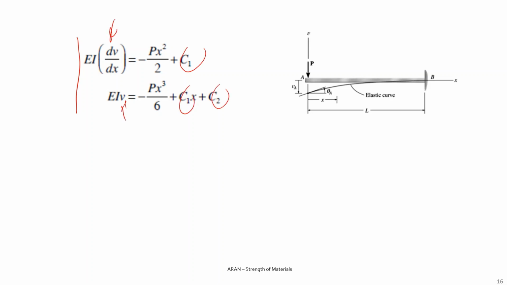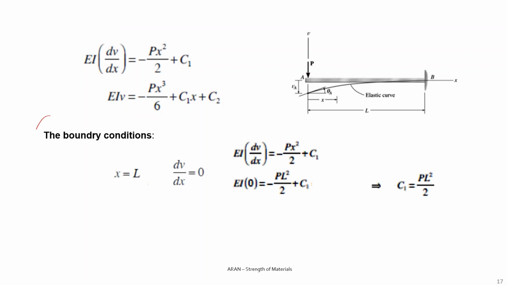These are my constants. Boundary conditions. In point B, v equals 0, dv over dx equals 0, because a fixed support restricts the deflection, also restricts the rotation.